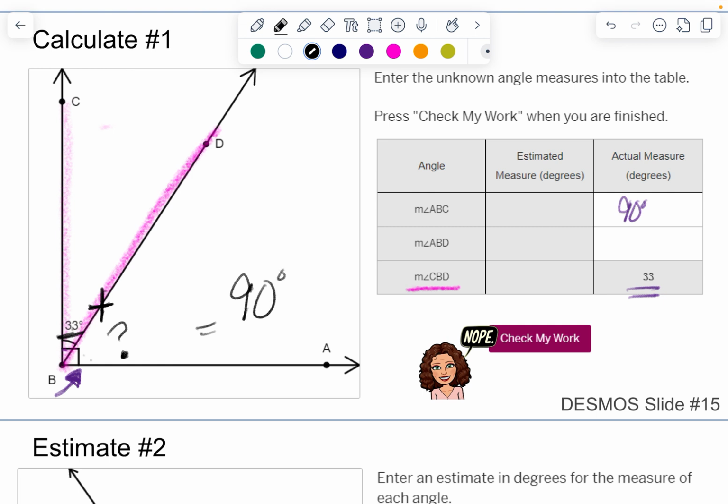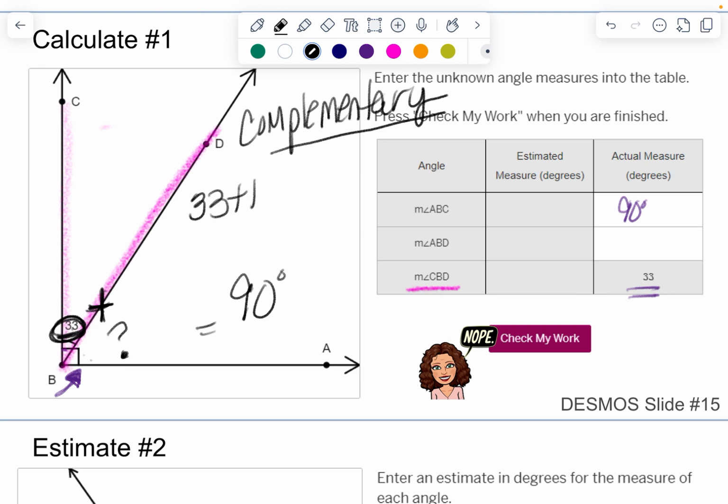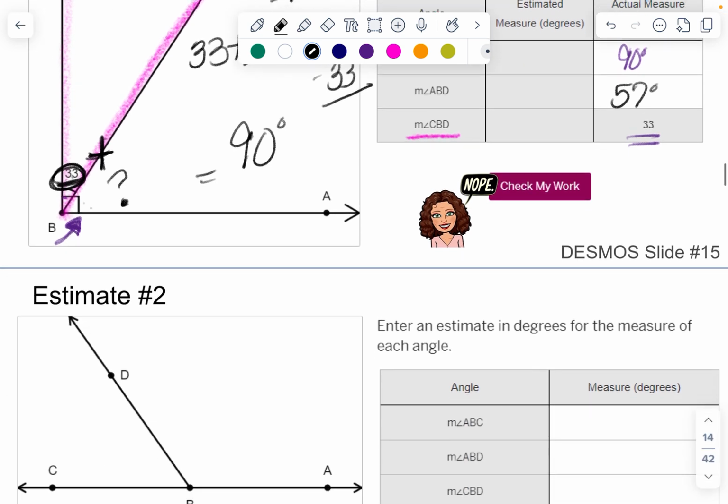Those two angles equal 90 degrees. They are complementary angles. So we've got 33 plus the angle we don't know equals 90 degrees. How do we find that? We take 90 minus 33 and we get 57. So this angle right here's actual measure is 57 degrees, and we can figure that out because of what we know about complementary angles.